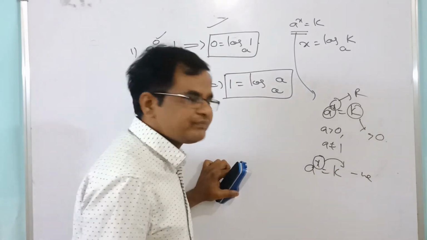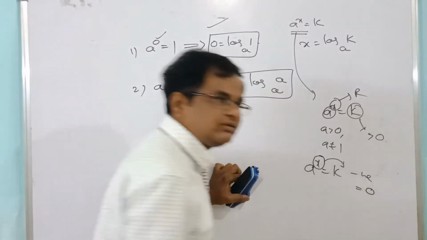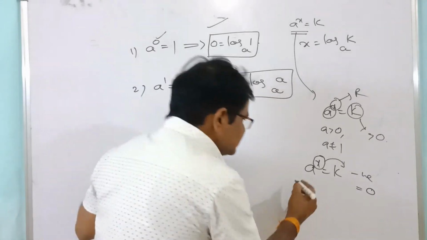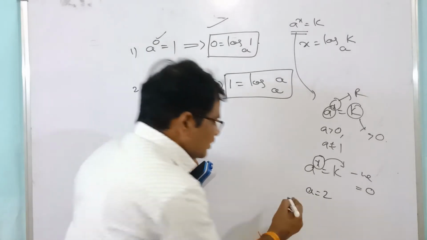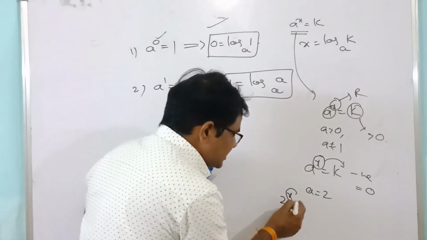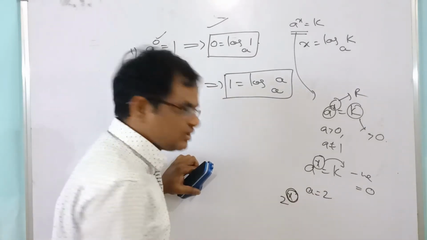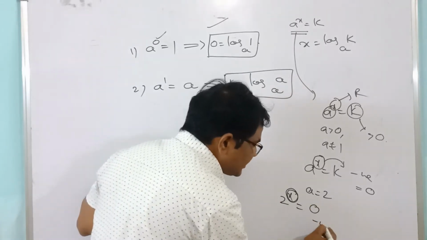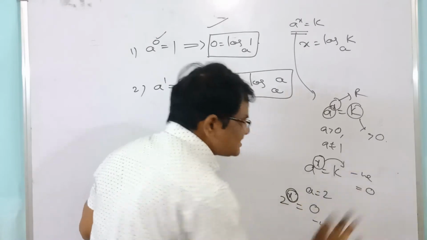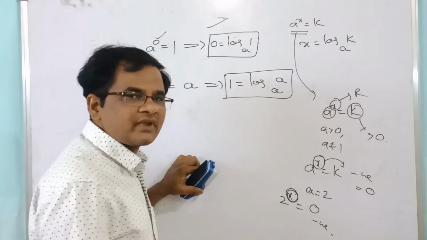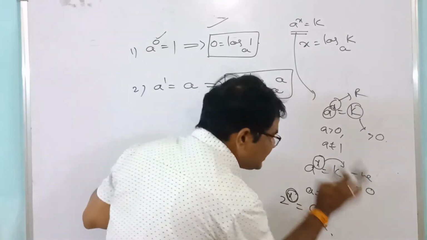No, never. Will you get the right side 0? No, never. Because suppose a is greater than 0, I will take 2. 2 power x. In place of x, any real number substitute. Will you get the right side 0 or a negative value? No. There is no chance. RHS is what? Always positive, never negative or 0.